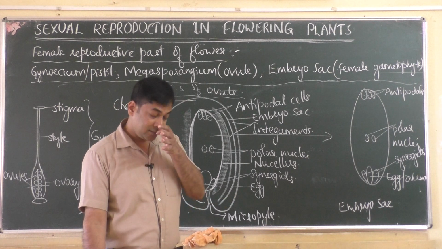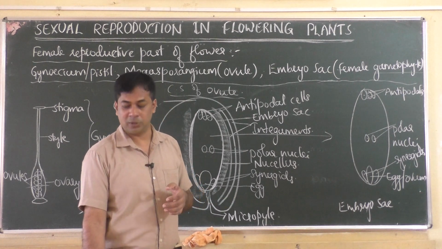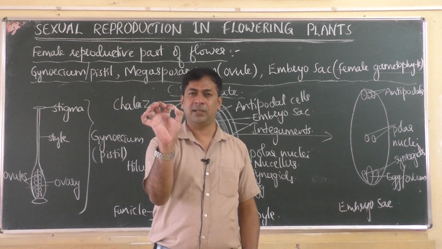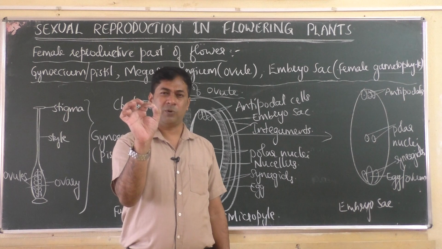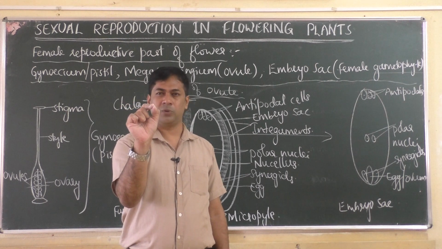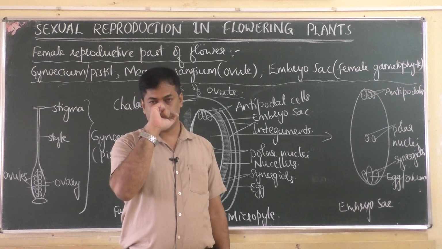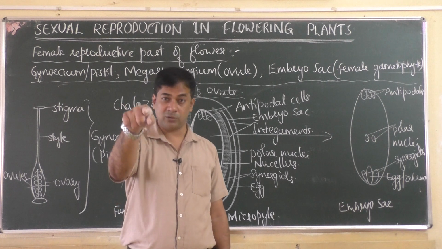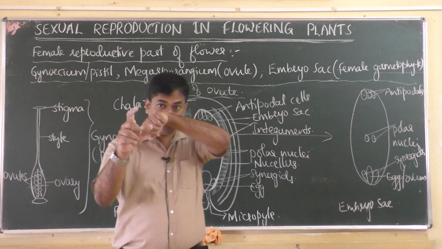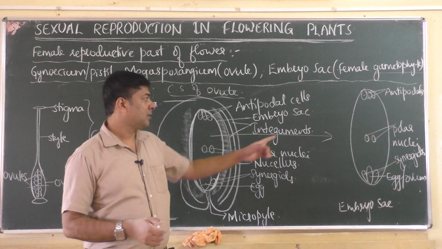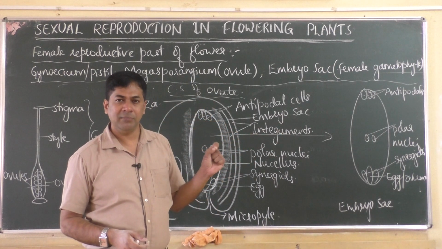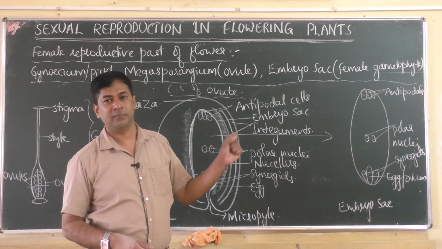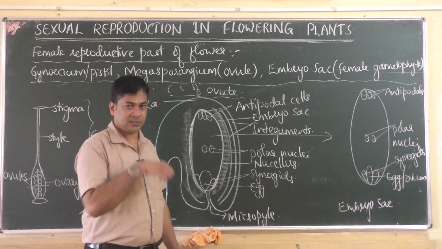A pollen grain is a microspore because it is like chalk dust, a very small particle. So formation of pollen grains within the anther is called microsporogenesis. Like that, the egg size is slightly bigger than a pollen grain, so it is called a megaspore, and formation of megaspore is called megasporogenesis.